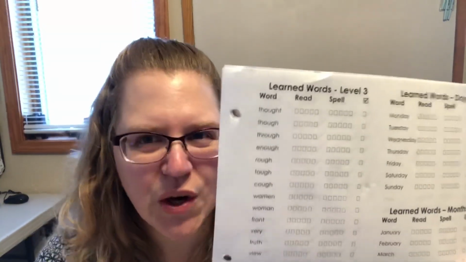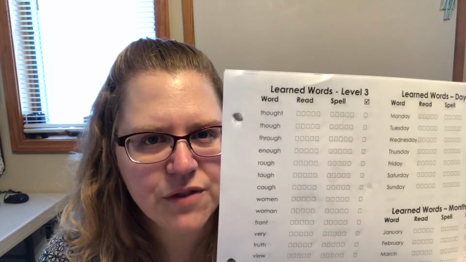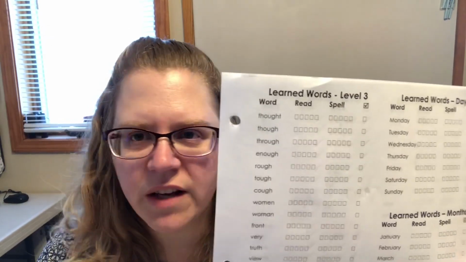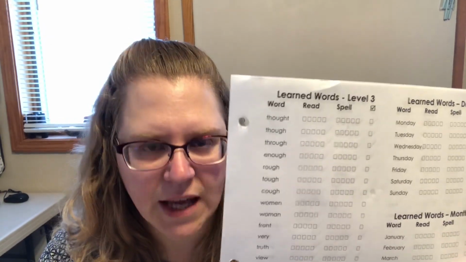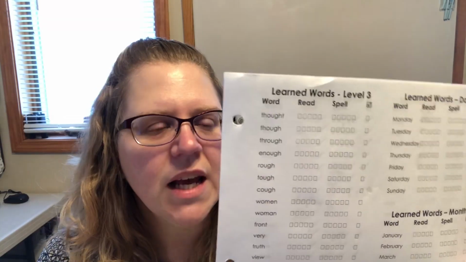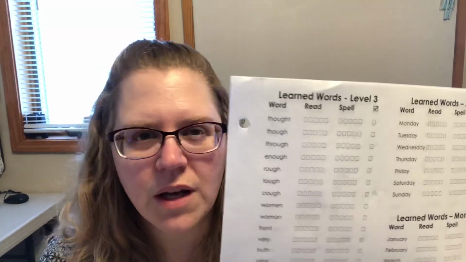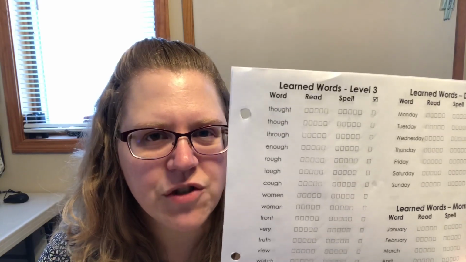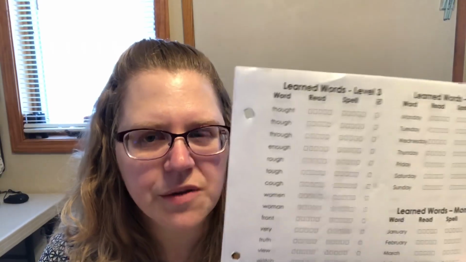Once they get really good at this, you don't always have to have them do it 5 times. If they can comfortably do it 3 times and you're like, yep, you've got it, we can move on, then sometimes you only have to do it 3 times with a student, but you have to use discretion on a student by student basis.